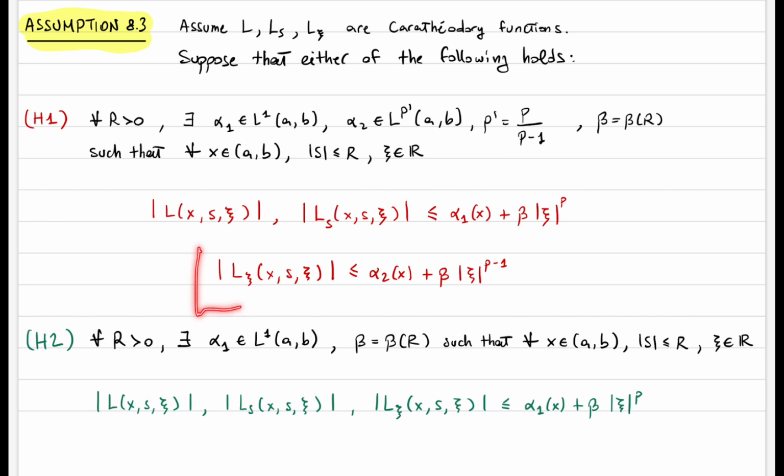And instead we require a different growth condition on L_xi, which has to be bounded by alpha 2 plus beta times the absolute value of xi to the power of p minus 1.